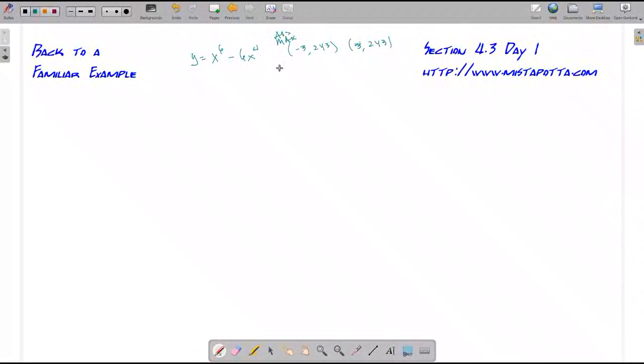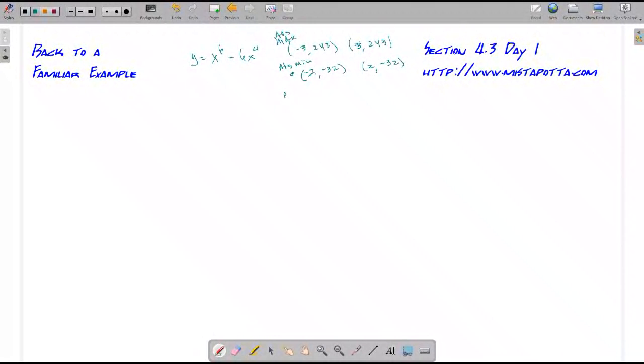We had absolute minimum at negative 2, negative 32, and at 2, negative 32. So I just want to keep this stuff in mind.